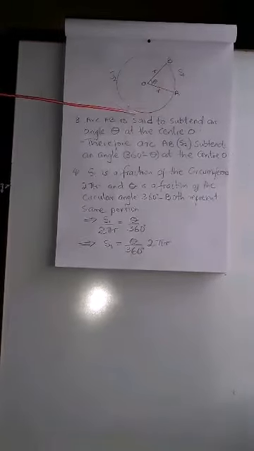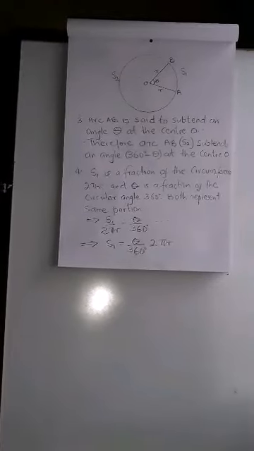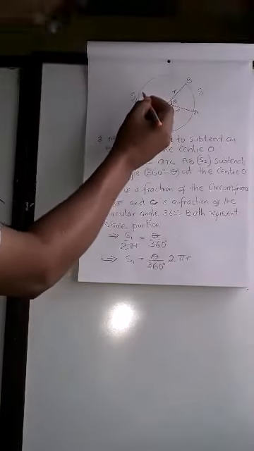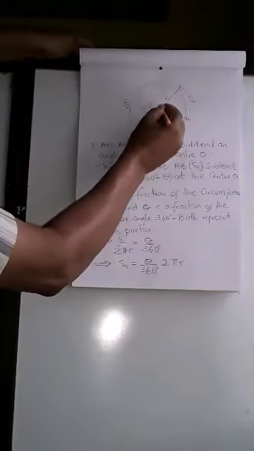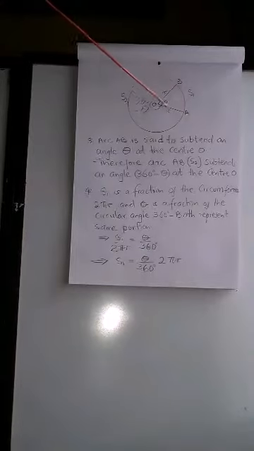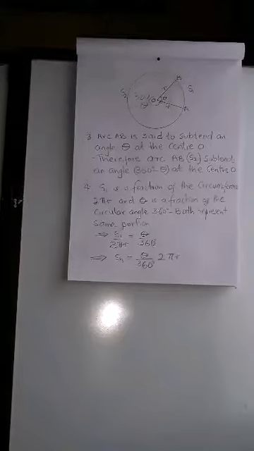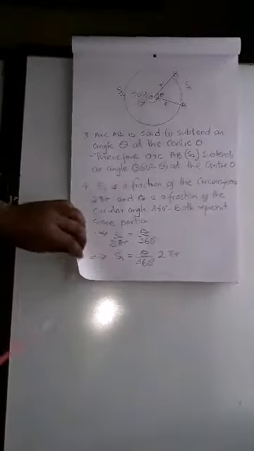So AB major subtends this angle here. That angle there will therefore be 360 minus theta. So this theta is subtended by AB S1. This 360 minus theta is subtended by S2. So that meaning of subtending is important to understand. Good.